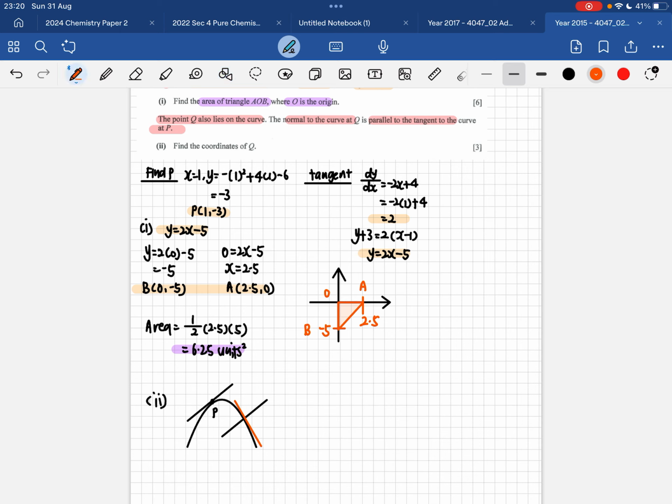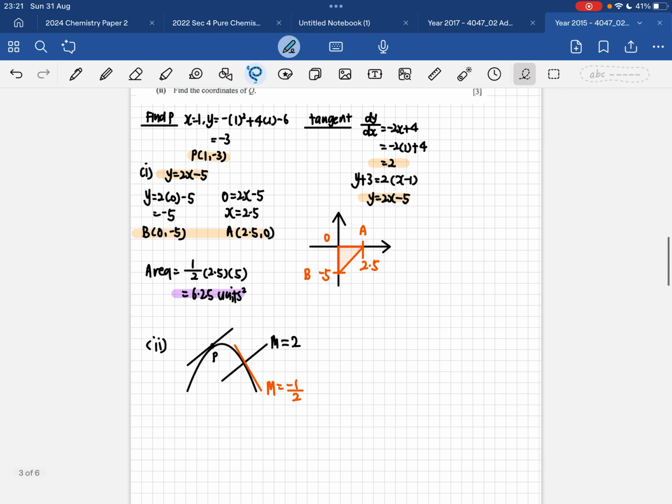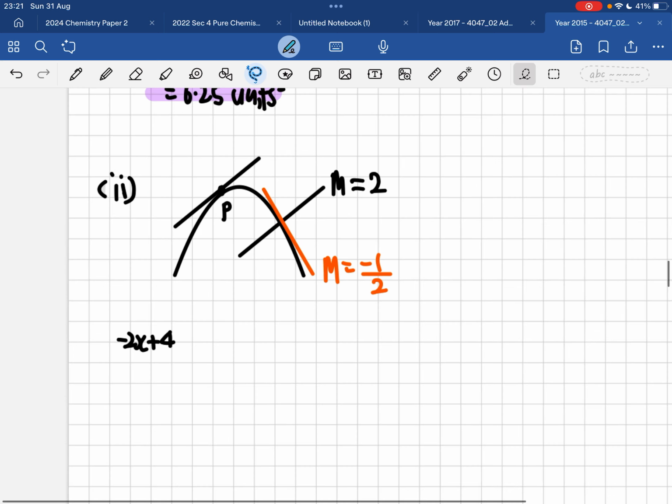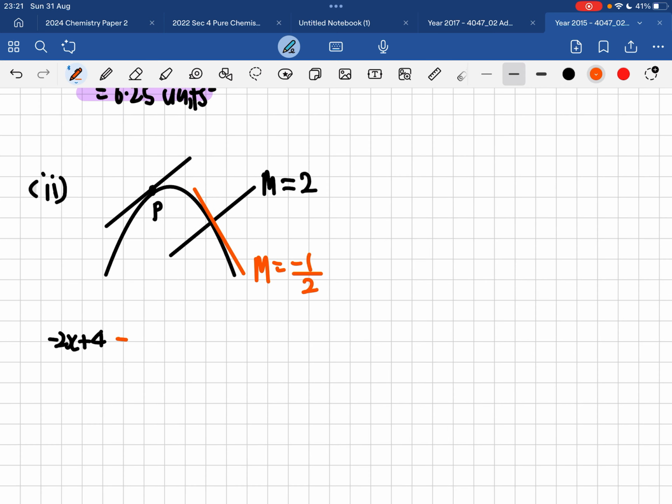The gradient of the earlier line was 2, so this orange line has gradient negative half. Every time you do dy/dx, it must be the gradient of the tangent, correct? Not the normal. So dy/dx equals negative half.